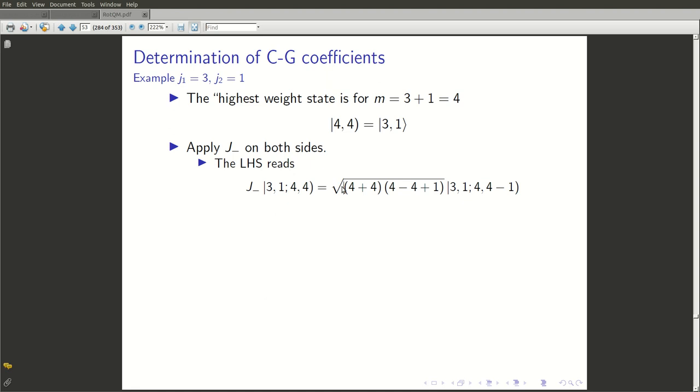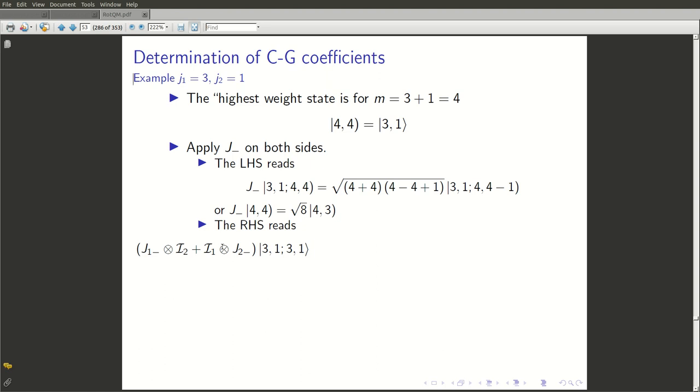Just to remind you, J minus's action is root over J plus m into J minus m plus 1 into h bar into the ket with one value reduced. There's an h bar missing here. Of course, you might argue that I am using h bar equals 1 here or whatever, but this was really an honest mistake. I forgot to type the h bar there. So J minus 4 4 is simply root 8 times 4 3. What happens to the right hand side?